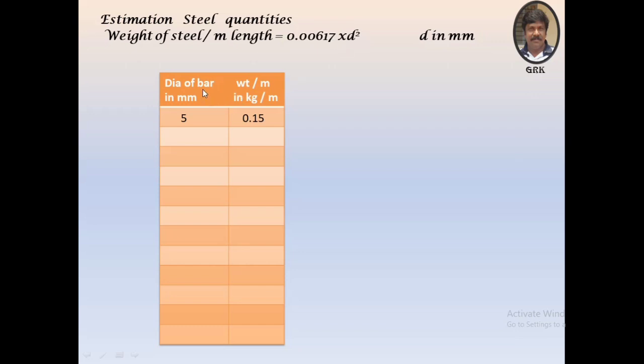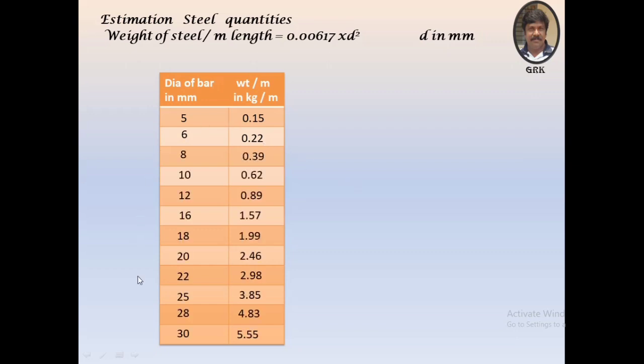D is substituted in terms of mm. We are going to get the weight in terms of kg per meter. Now similarly you can substitute 6 mm diameter bar and get the weight per meter run as 220 grams per meter length. Now I can see the different weights per meter length of various diameters. All these are measured in terms of kgs per meter length.